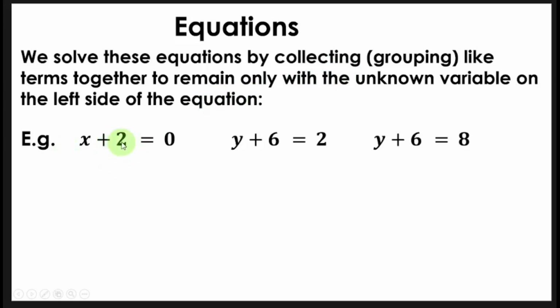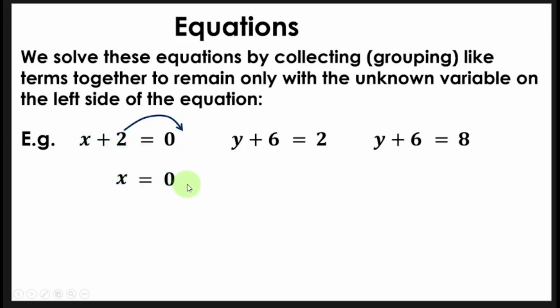So like in this one, we would know that these two should go here in order to remain with x on the left side. So since between x and 2 there is plus, we cannot add this. So this one is a number and this 0 is a number. So 2 would cross to the right side so that we remain with only x here. So x is equal to 0.